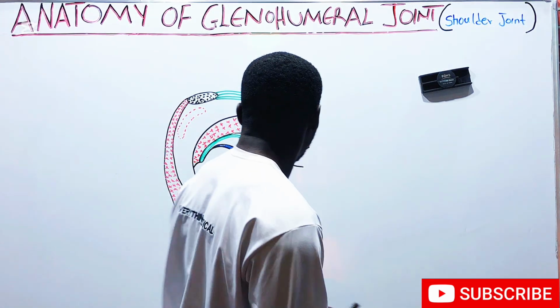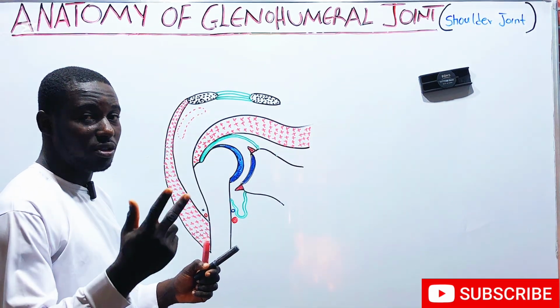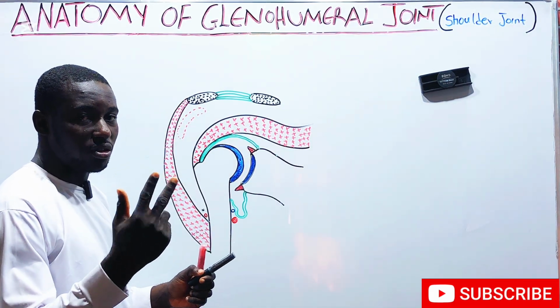So as you can see here, this joint is formed majorly by 2 bony structures.